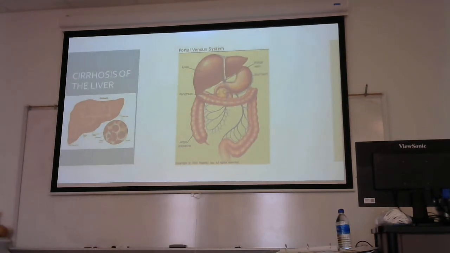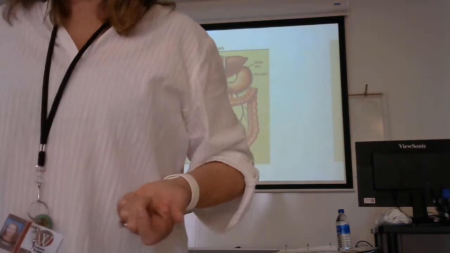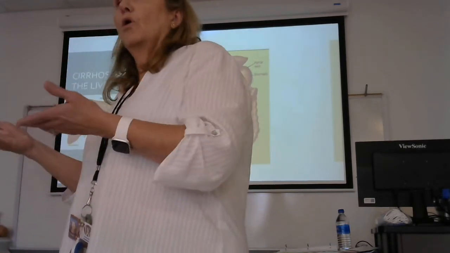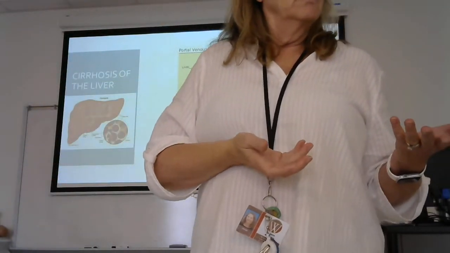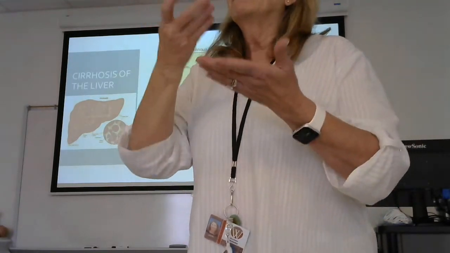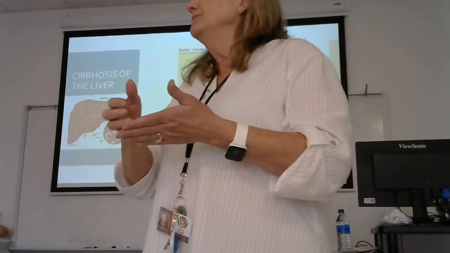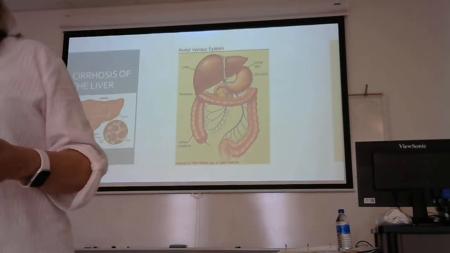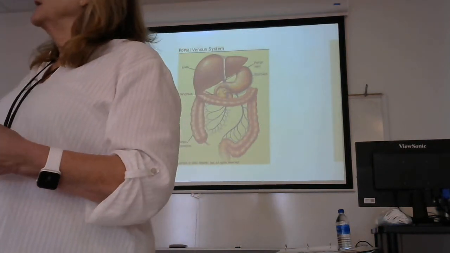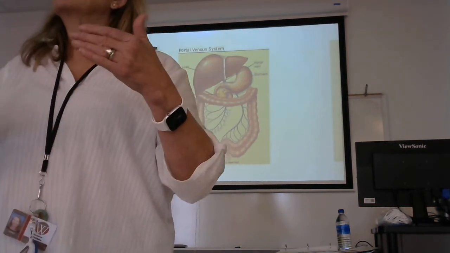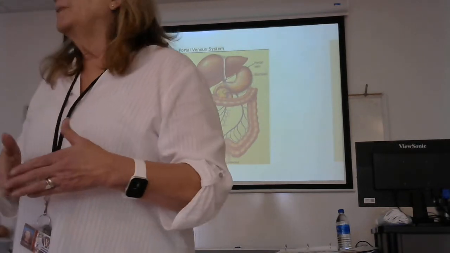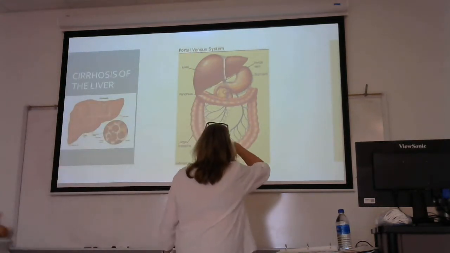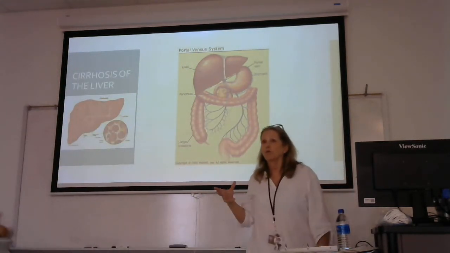So if a drug is highly metabolized in the liver and that liver is cirrhotic, are they going to have more or less of the drug available? More. And they can get toxic. If you've got a drug that's highly metabolized in the liver, and it's cirrhotic, then you have to either cut that dose or really watch your patient for toxicity.